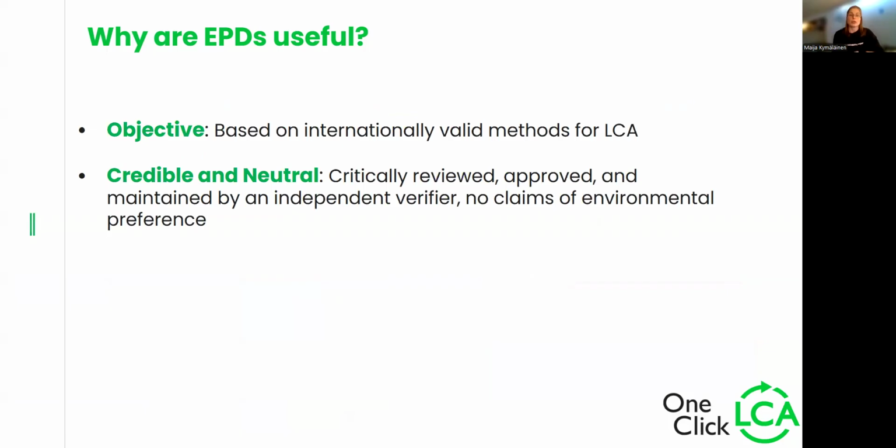They are based on internationally accepted standards and validated LCA methods that are defined in these standards. They are credible and neutral. EPDs are critically reviewed, approved, and maintained by independent third-party verifiers. They do not make environmental preference claims. Because a product has an EPD doesn't automatically mean that the product is environmentally friendly, but it does mean that it is valid data.